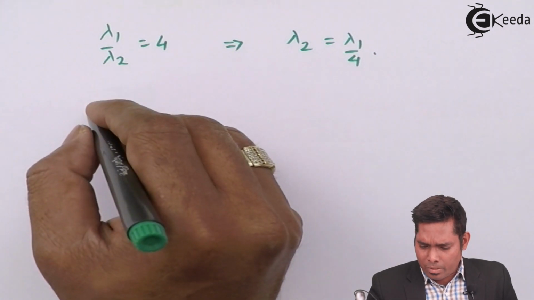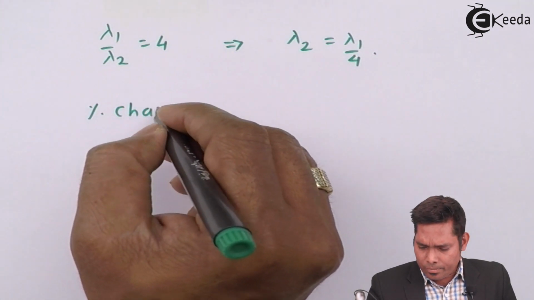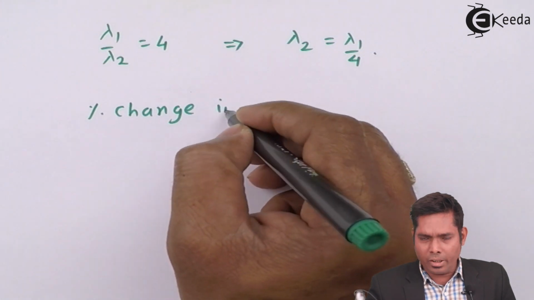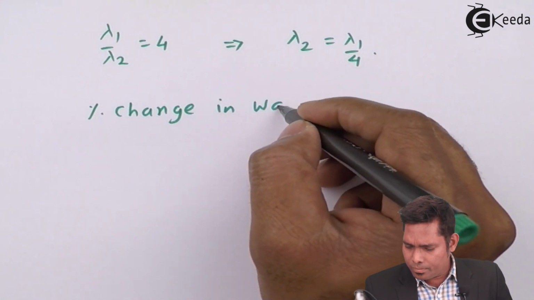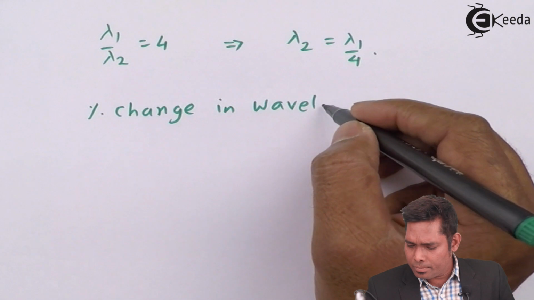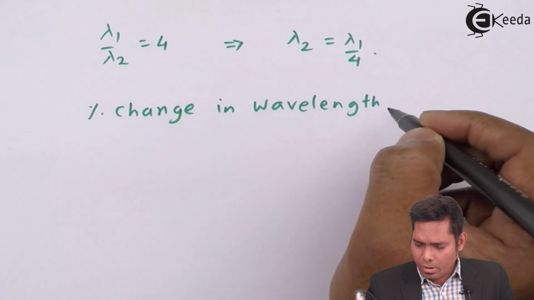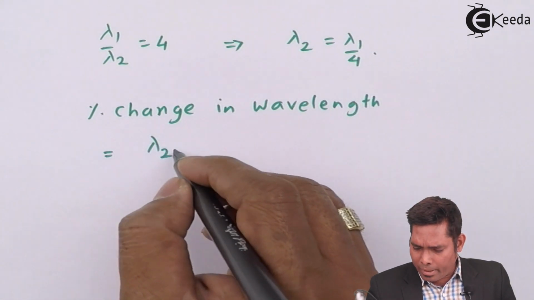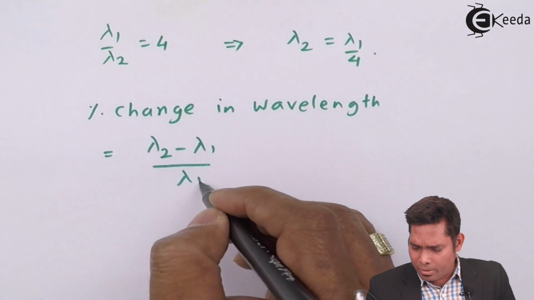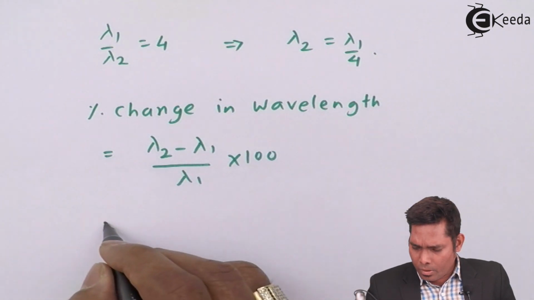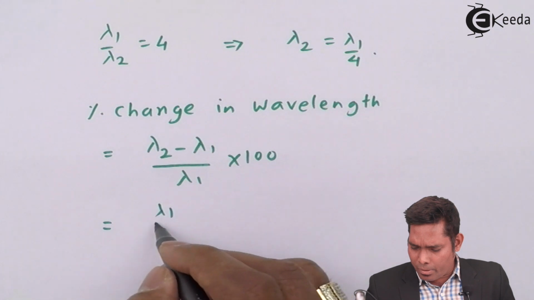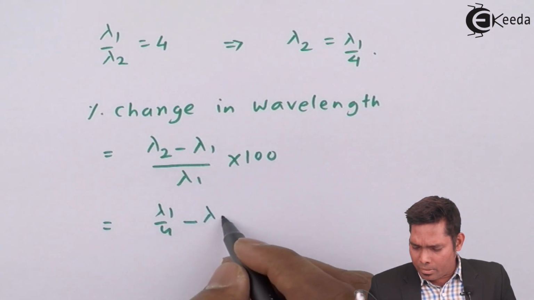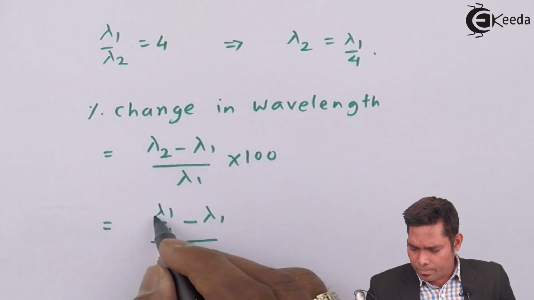So the percentage change in wavelength, de Broglie wavelength, is lambda 2 minus lambda 1 divided by lambda 1 into 100. Lambda 2 is lambda 1 by 4 minus lambda 1, divided by lambda 1.